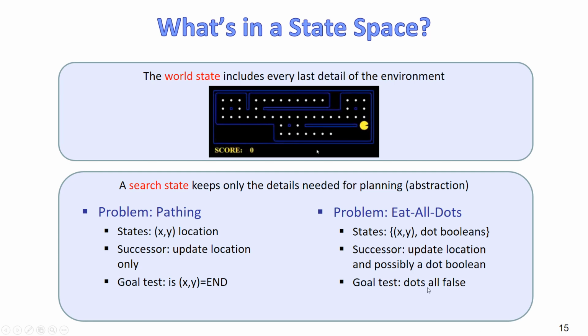There is no eating in the state; it's just a model, a boolean value for each dot. So the goal test is to find out whether all dots are false, because false here means it is eaten.